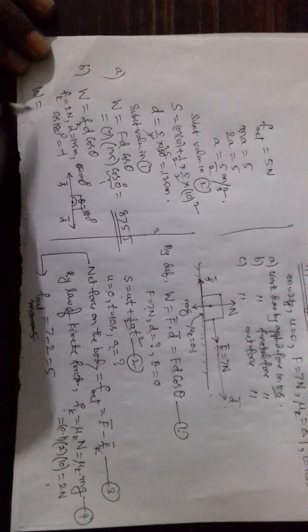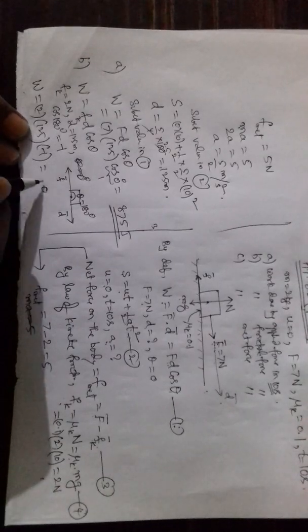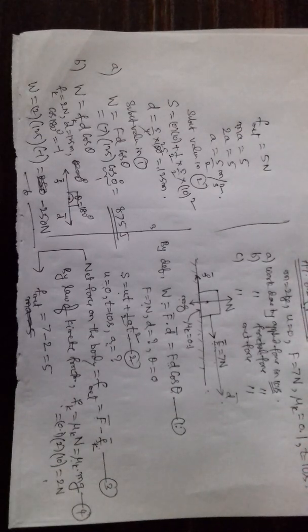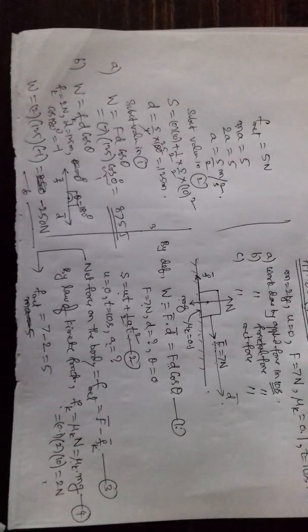So work done is equal to 125 times 2 times minus 1, minus 250 joules. See, work done can be positive and negative also. If the angle is between 0 and 90 degrees, it is positive. If the angle is between 90 and 180, it is negative.